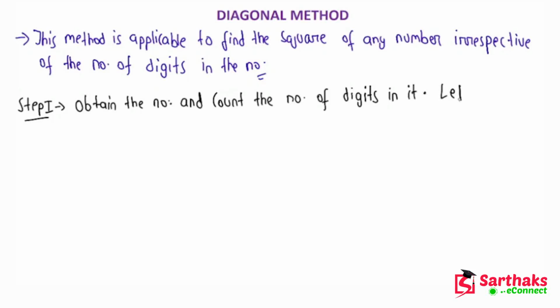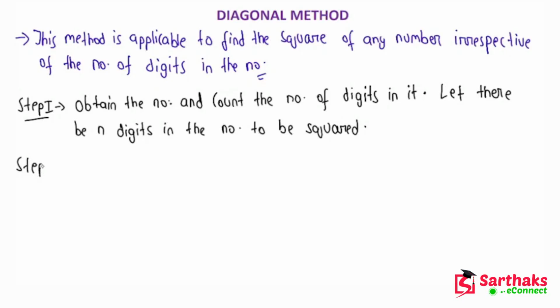Okay, so let there be n digits in the number to be squared. So the number you have to find the square of, let us say the number has n digits. Okay, so now this method says that we have to make n square subsquares. What? N square subsquares. That is, we have to make a particular square array of n by n.